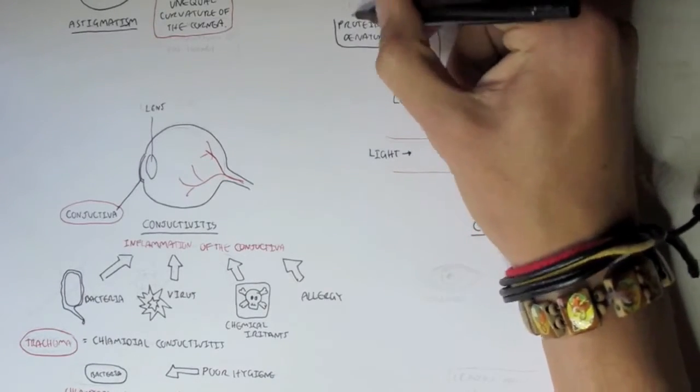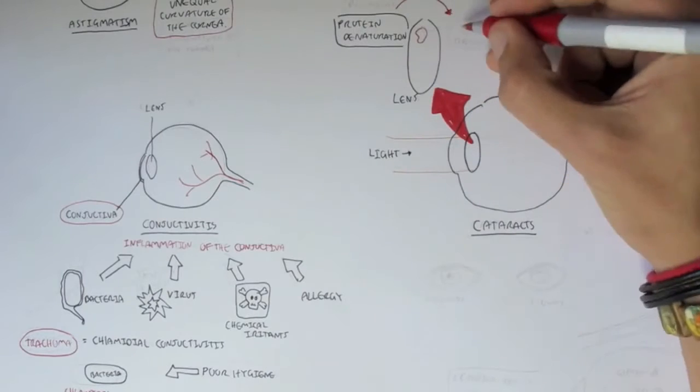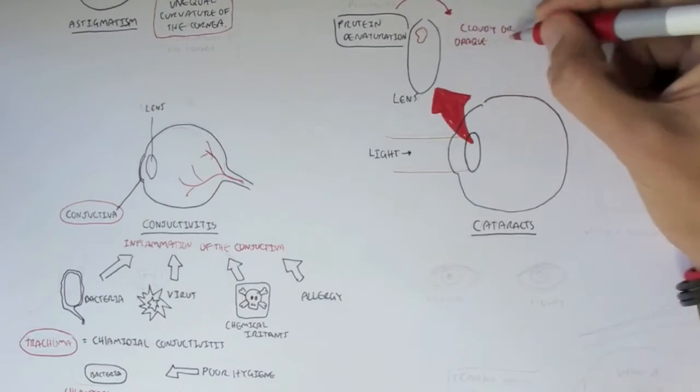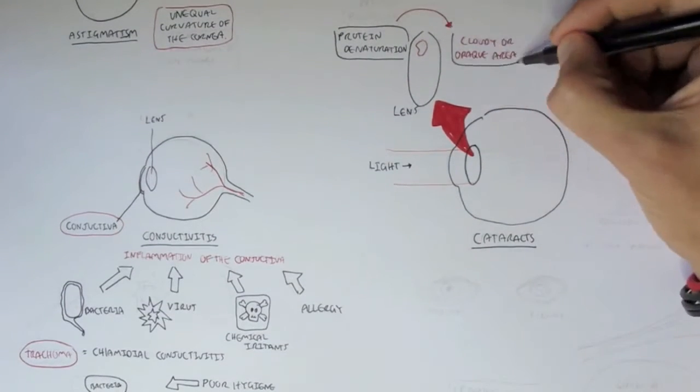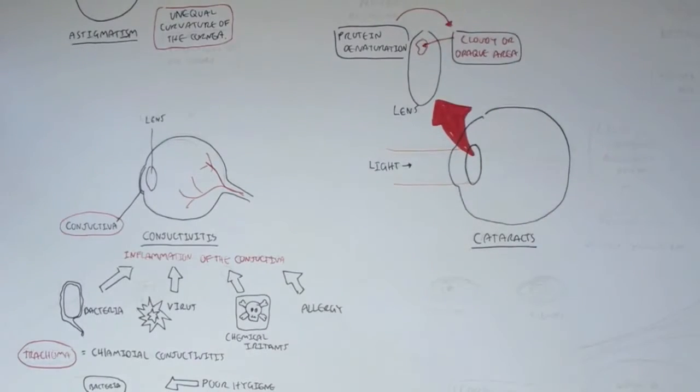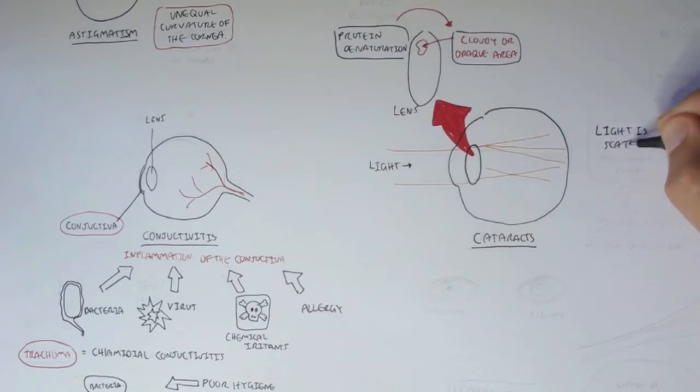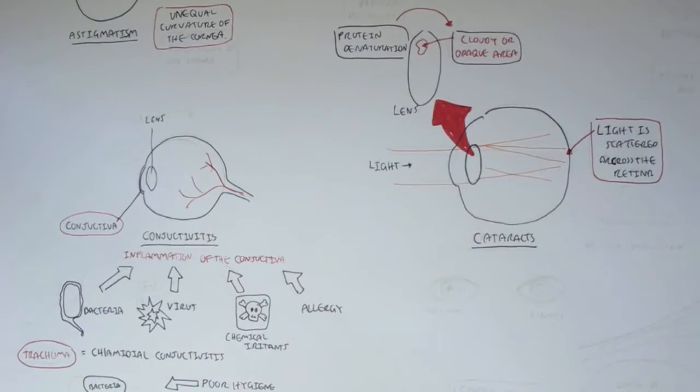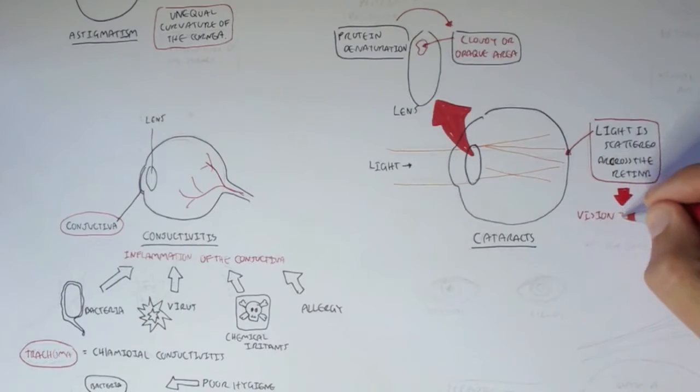The denaturation of these proteins will then cause cloudy or opaque areas to be formed. These cloudy and opaque areas will cause light to be refracted distortedly, scattered around. So light is scattered across the retina. And what this causes is vision impairment and blurry vision. And this is what a cataract is.